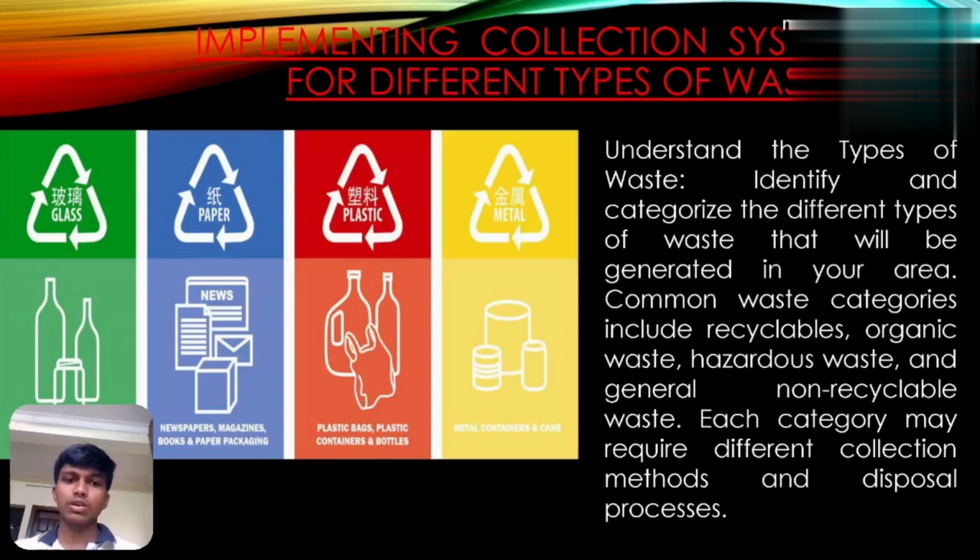Each category may require different collection methods and disposal processes, which means that each type of waste requires a different disposal method. A proper collection system should be implemented to ensure that each type of waste is collected and handled correctly.